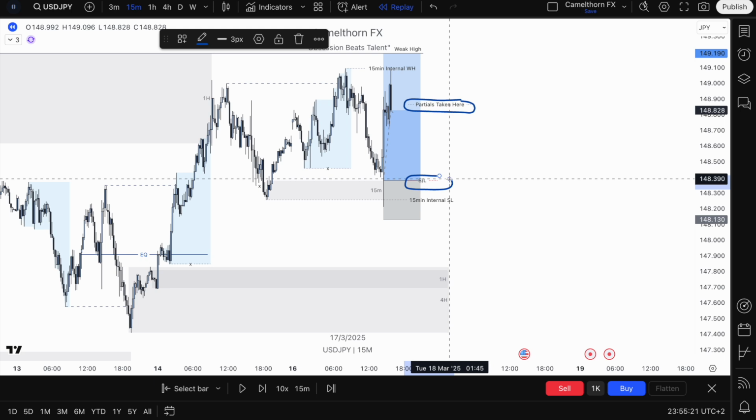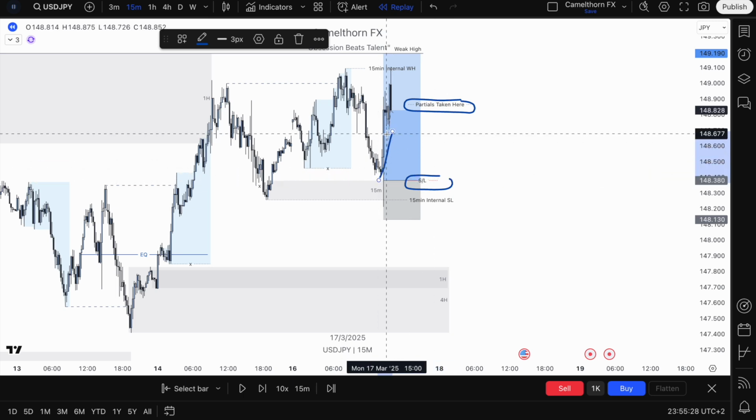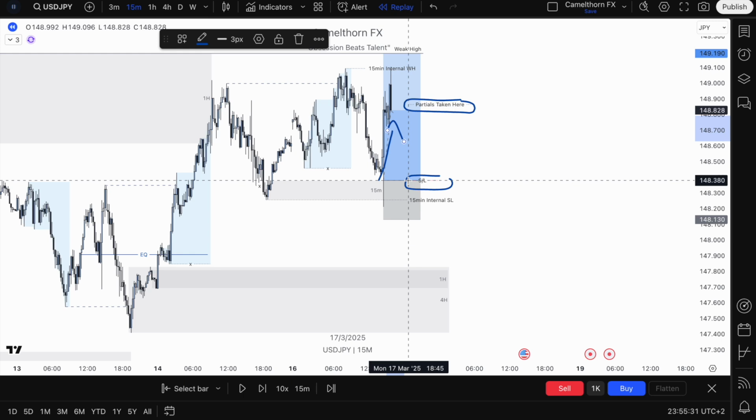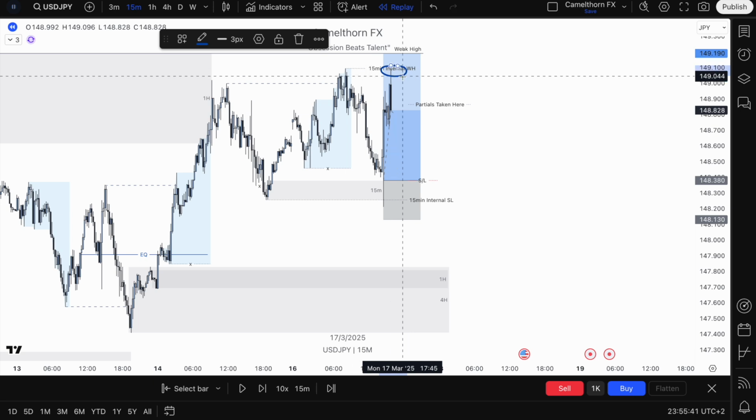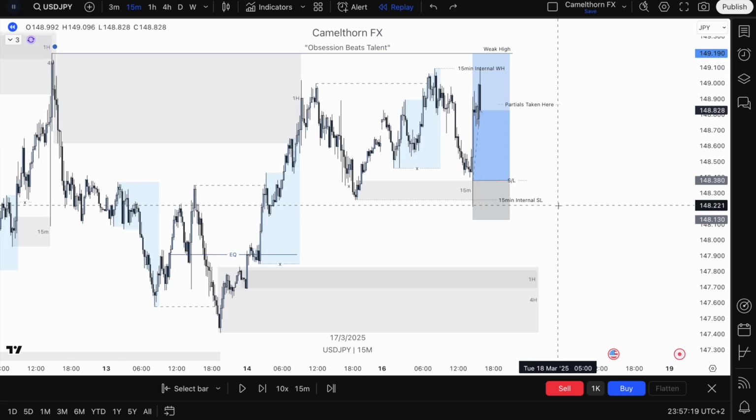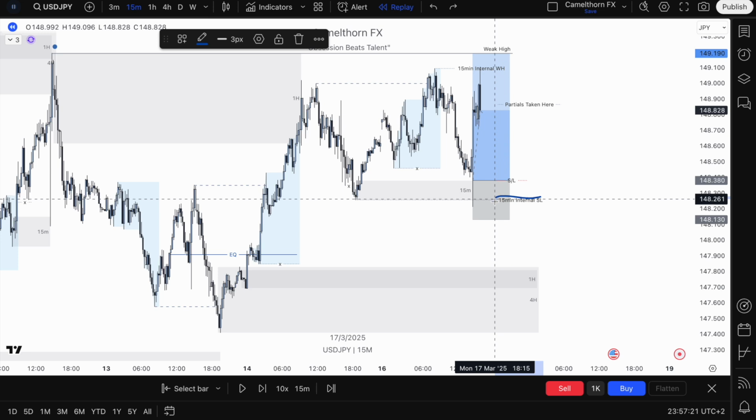In doing so, not only did I manage to secure some profits on this position, paying myself for this initial strong bullish reaction, but I also ensured that I was now risk-free on this position. And the reason I wanted to do this is because the fact that price action failed to violate the internal week high now suggested that the 15-minute internal strong low could potentially be vulnerable.